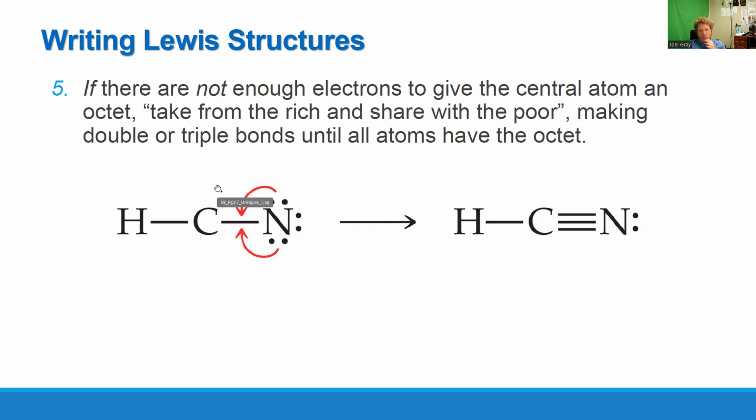We've got nitrogen seeing 8 electrons, which is what it needs, but we can also redraw this by taking the electrons here and here that are indicated by this red line, and instead making those 2 electrons this and this respectively. So we go from a single bond to a triple bond.